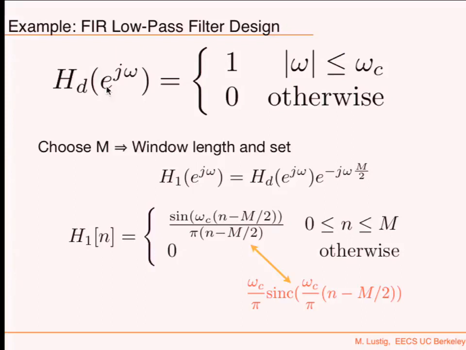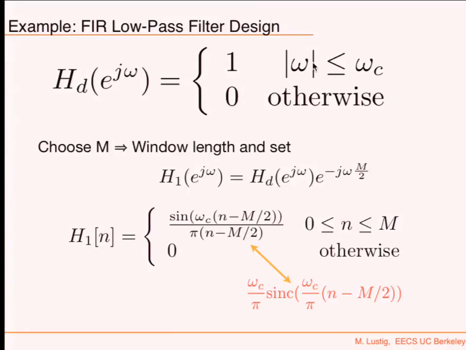Okay. So here's an example for a low-pass filter. For a low-pass filter, my desired response will be 1, anywhere from 0 all the way to omega sub c, and then 0 otherwise. Okay.